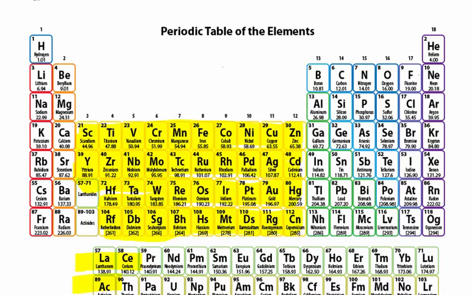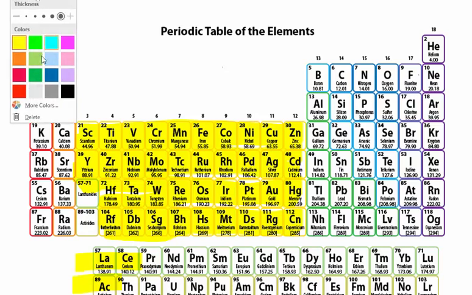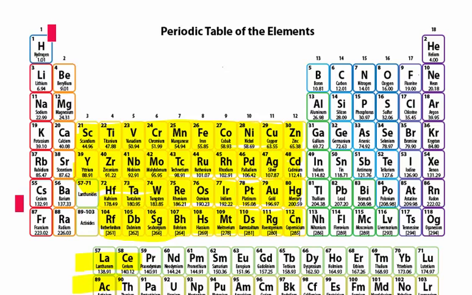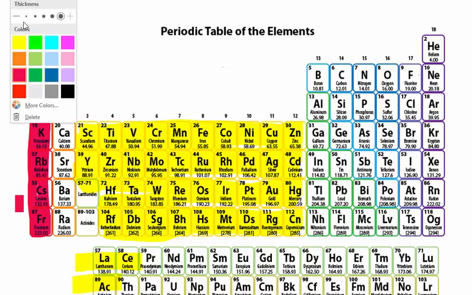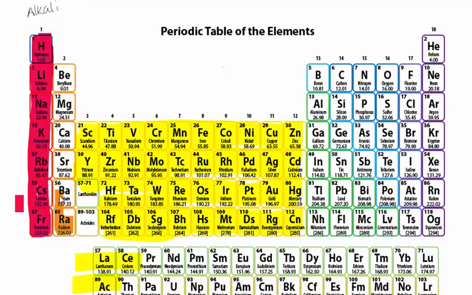So with our main group elements here, I'm going to color them each a different color. In this column here, the first column, we call those elements the alkali metals. In the second column, we call these alkaline earth metals, and they're part of our main group elements.